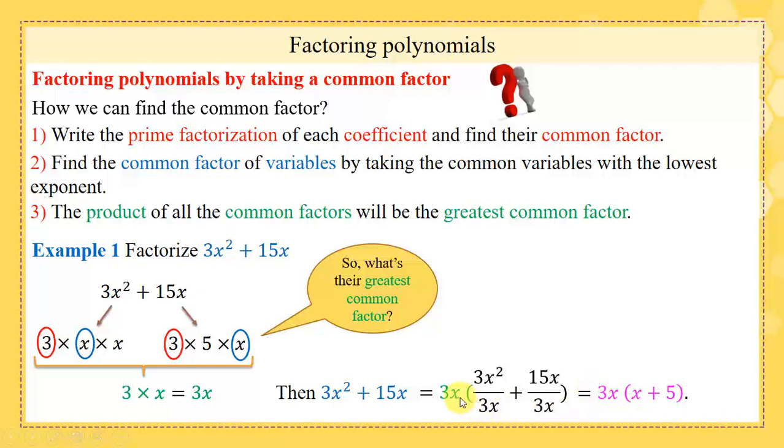So we get 3x times (3x squared divided by 3x equals x, plus 15x divided by 3x equals 5). The final answer is 3x times (x plus 5), which is a product of two factors.